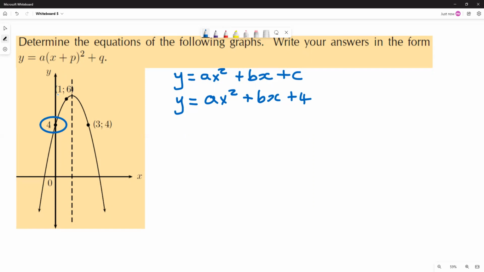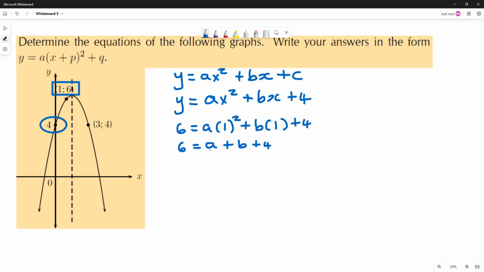You have 2 points and two unknowns, a and b. Firstly, I'm going to start by substituting at this point. So my y is 6 equals a, my x is 1 squared, plus b times 1, plus 4. This gives me 6 equals 1 times a, which is a, plus b plus 4.